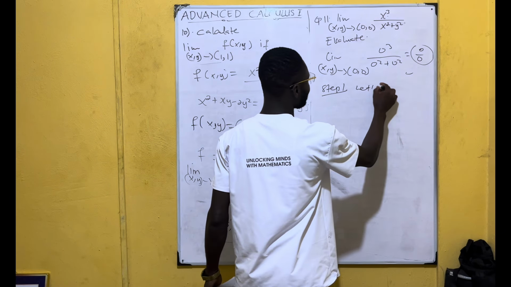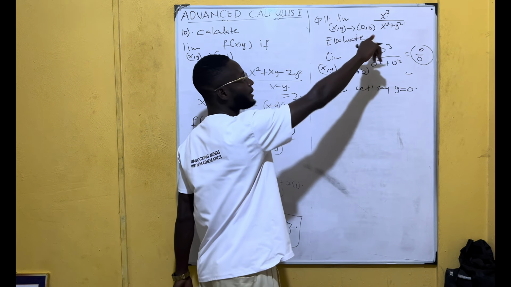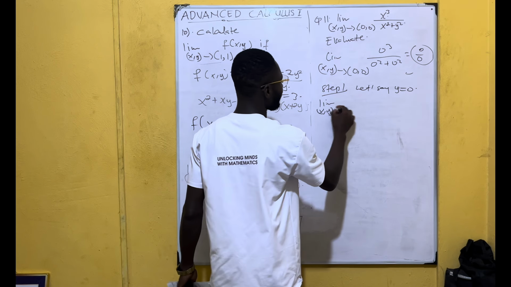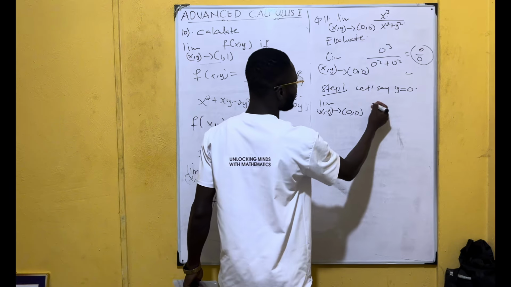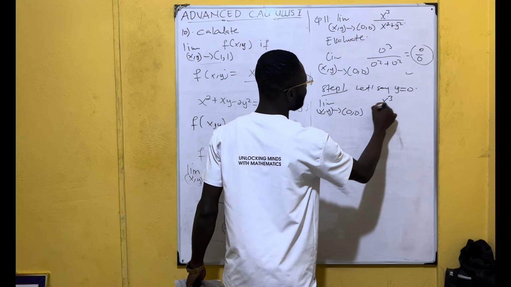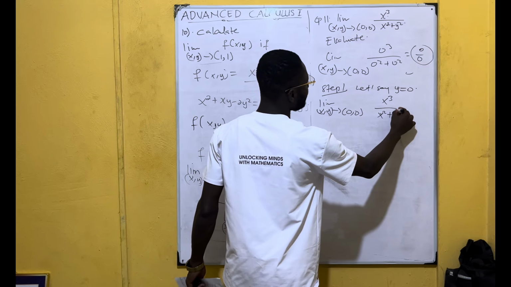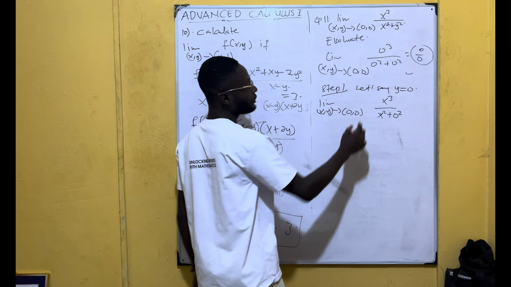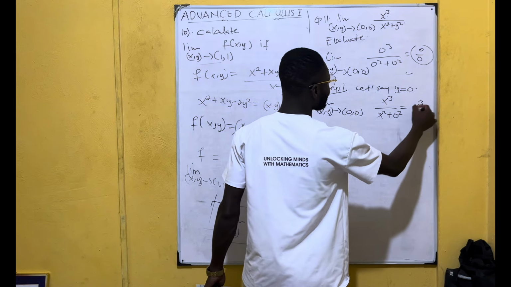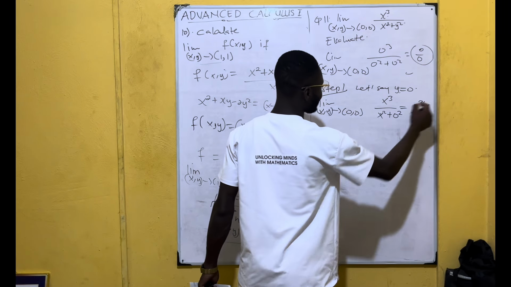So let's say y is equal to 0. Then we are going to have the limit as (x, y) approaches 0, 0 of x cubed divided by x squared plus 0 squared, because we are saying that y is 0. That gives us x cubed over x squared, and this will cancel two of the x's, and we have x here.